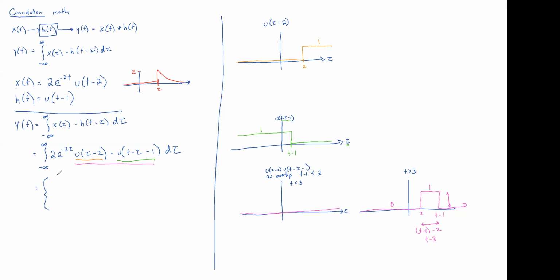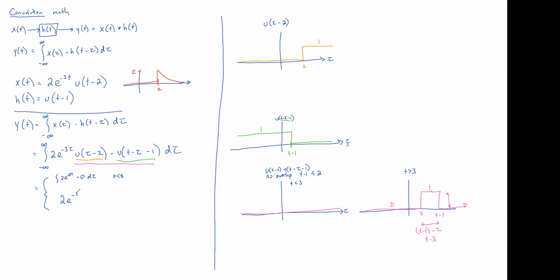It's going to be either the integral of 2e to the minus 3 tau times 0 d tau for any values of t less than 3. Since for values of t less than 3, these two things are equal to 0 everywhere. That's this 0.